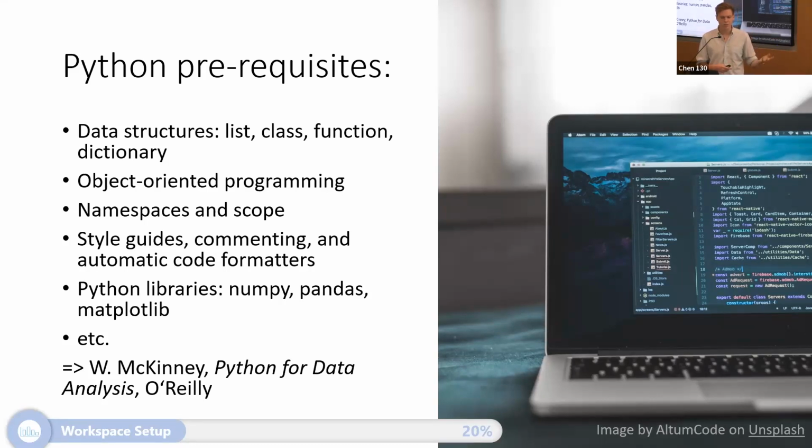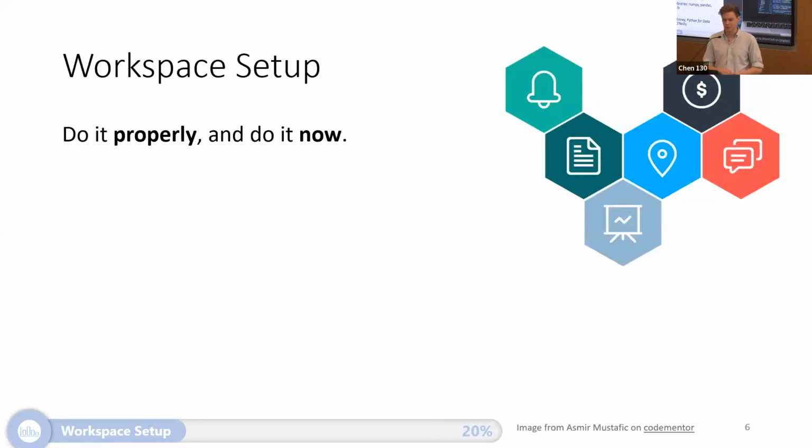I'm going to assume you have some basic familiarity with how to comment the code using style guides, meaning that the variable names that you're defining have some form of structure to them. And some familiarity with Python libraries such as NumPy, Pandas, and Matplotlib. Another resource beyond your instructor or TA is also the book Python for Data Analysis by O'Reilly that we recommend.